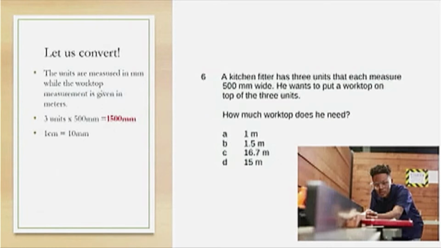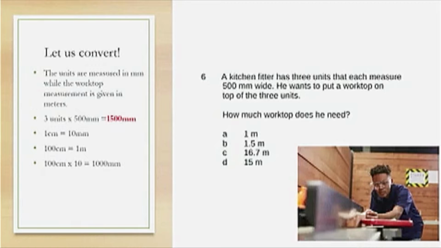Let's see how we do that. There is some information that we need to have. So 1 centimeter is equal to 10 millimeters. So for every 10 millimeters, you can get 1 centimeter. Now, we are aware that 100 centimeters makes 1 meter. All right? Good.